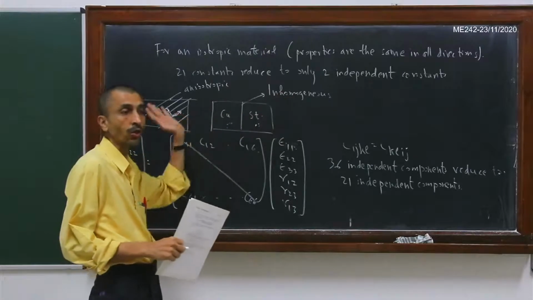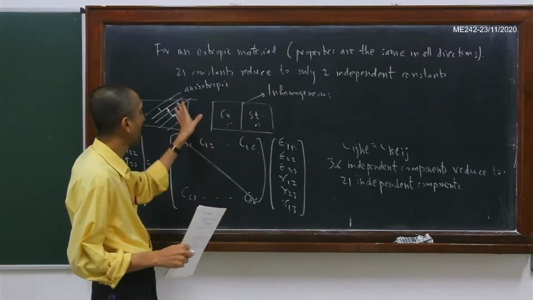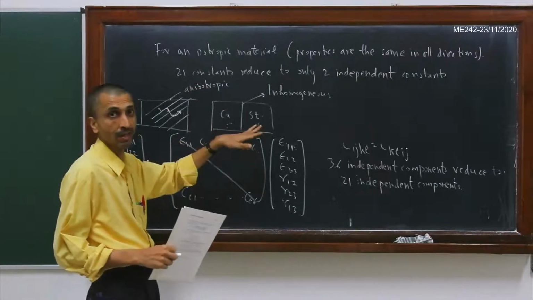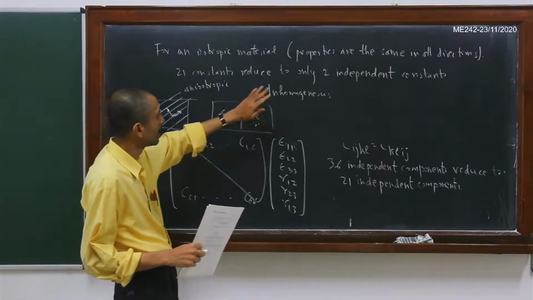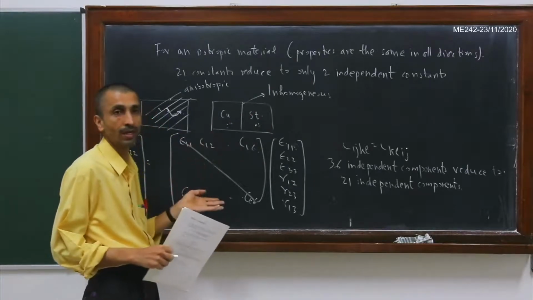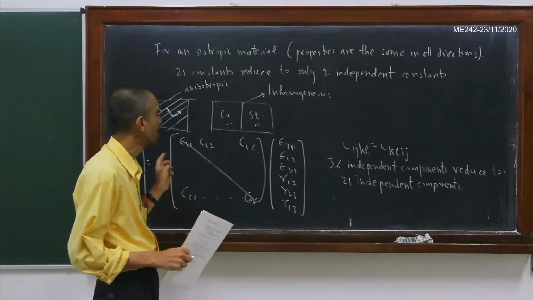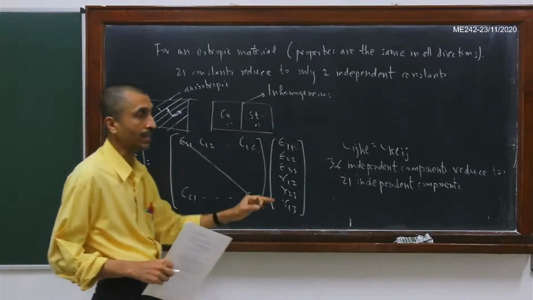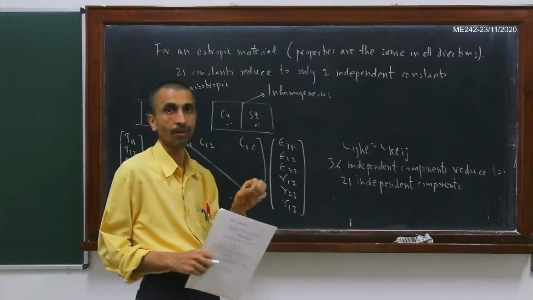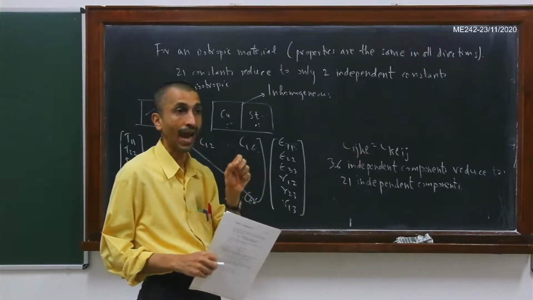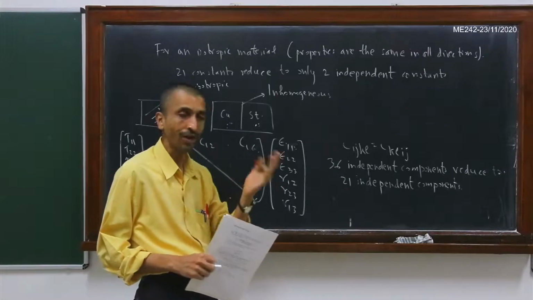They are two totally different concepts. You can have a material that is anisotropic but homogeneous, and you can have a material that is inhomogeneous but isotropic. These are two totally independent properties. To summarize, when we are talking about isotropy or anisotropy, we are talking of the constitutive behavior at a given point in different directions.